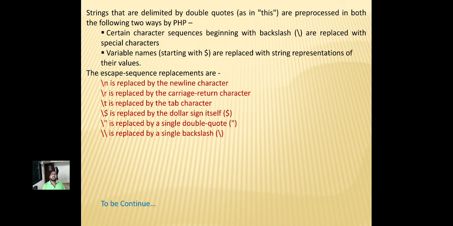First, certain character sequences beginning with backslash are replaced with special characters, and second, variable names starting with dollar are replaced with the string representation of their value. The escape sequences represented are in here, as described above.